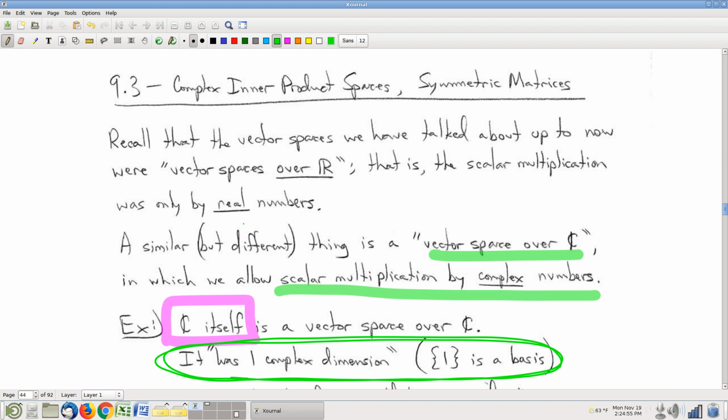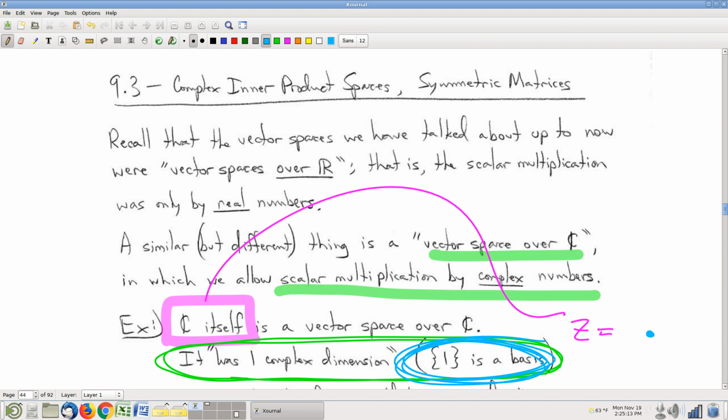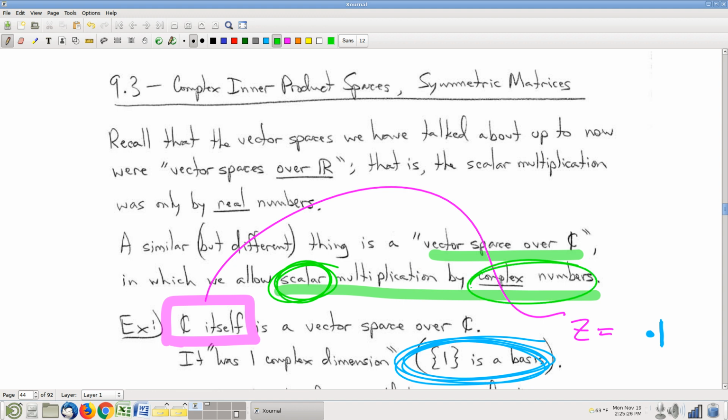Well, it's a simple matter of writing down the algebra. I claim that every vector in the complex plane, whatever vector you have in the complex plane, I can view that vector as being a multiple of 1. Every vector in the complex plane is a multiple of 1. Now, very importantly, when I say multiple, we're talking about multiplication by a scalar. And scalars are now allowed to be complex numbers.